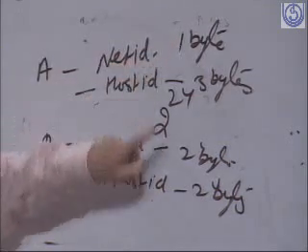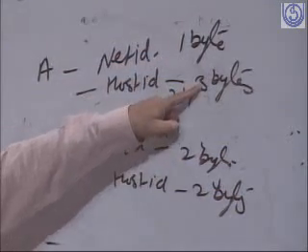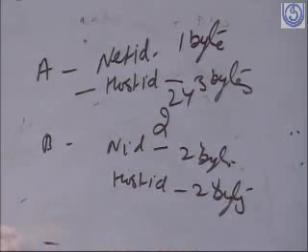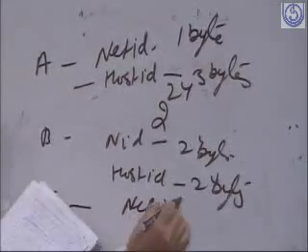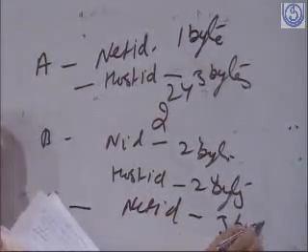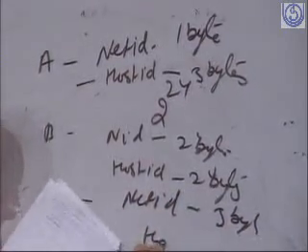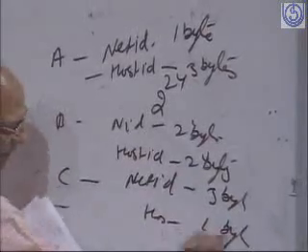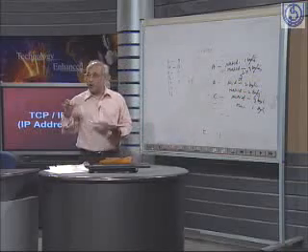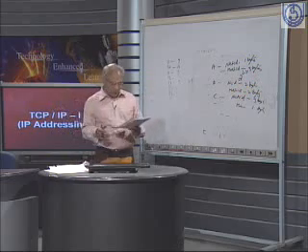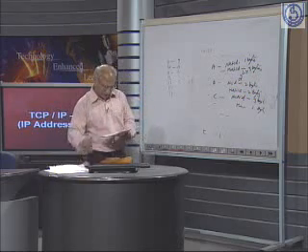Here you have 1, here you have 2, here you have 3, here you have 2. So people subscribe to a particular type. Class C, you have net ID of 3 bytes and host ID of 1 byte. Similarly one can understand. So this is basically the range of how many machines and what size of organizations one can support.